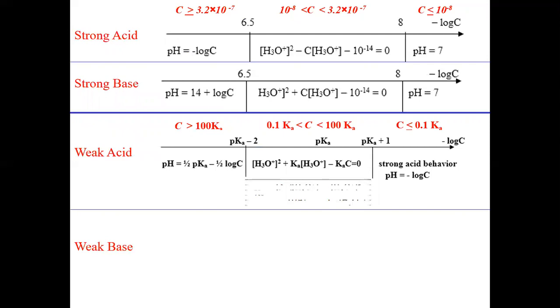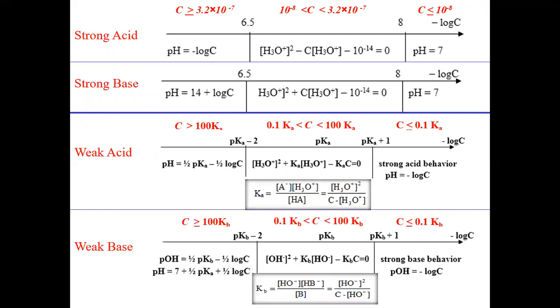At the end of this course, I just want to point out that this is the only table that you will actually really need. Okay, this table discusses strong and weak acids and their calculation of pH at different concentrations, and including or not including the autoionization of water.